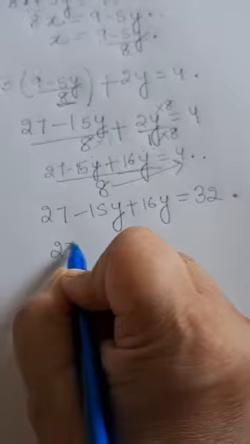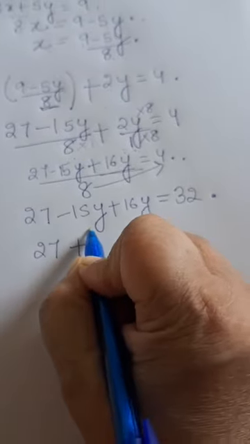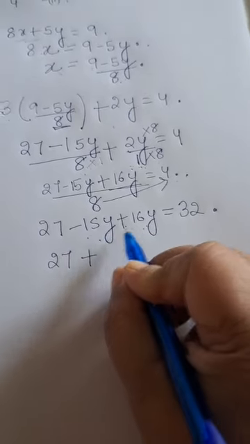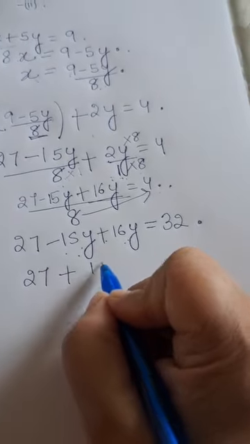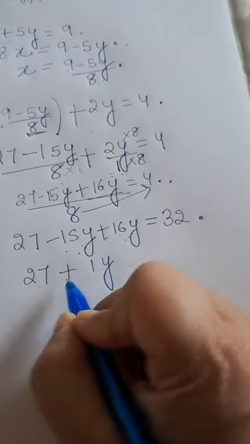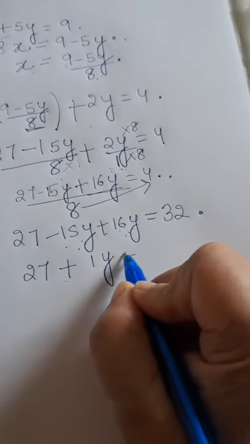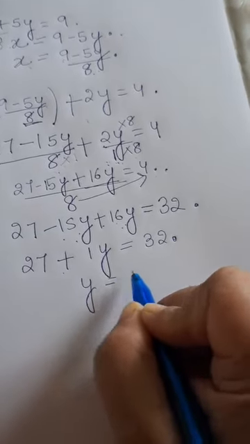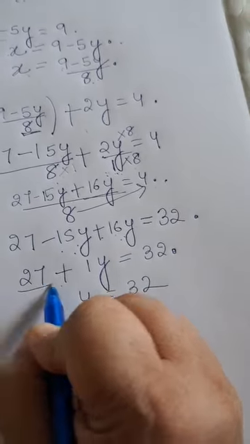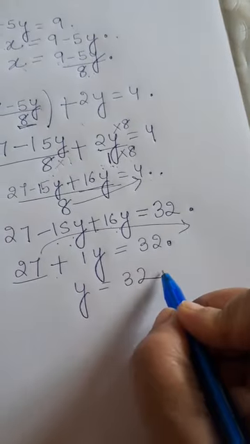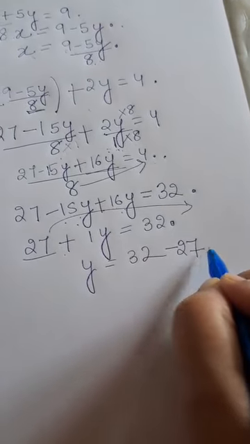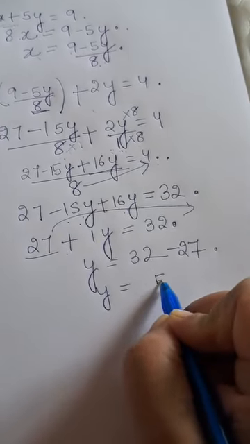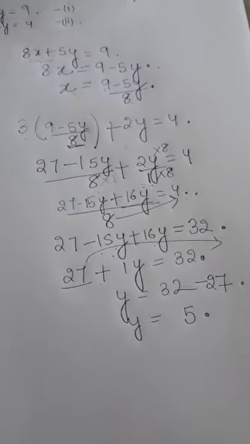Now it is 27 minus 15y plus 16y, so 16 minus 15 is 1y and 16 is greater, so we'll put the sign of the greater number. So 27 plus y is equal to 32. Now 27 goes to the other side of the equation and it becomes minus 27. So y is equal to 32 minus 27, that is 5. So we got the value of y.